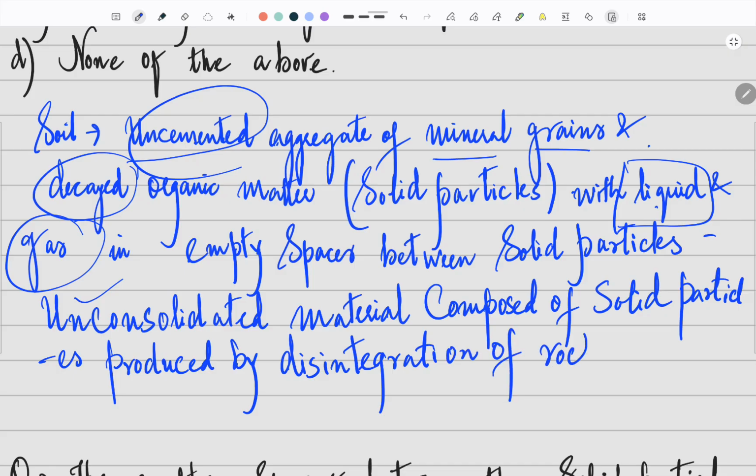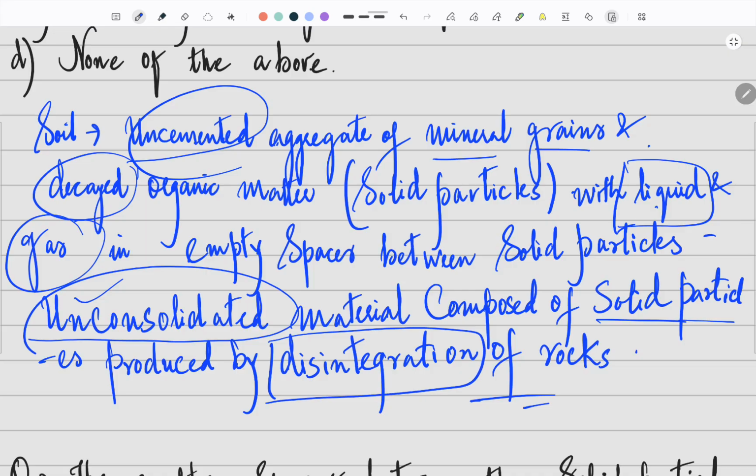So soil is defined as the uncemented aggregate of mineral grains and decayed organic matter with liquid and gas in empty spaces between solid particles, or it can also be defined as the unconsolidated material which is composed of solid particles produced by the disintegration of rocks.